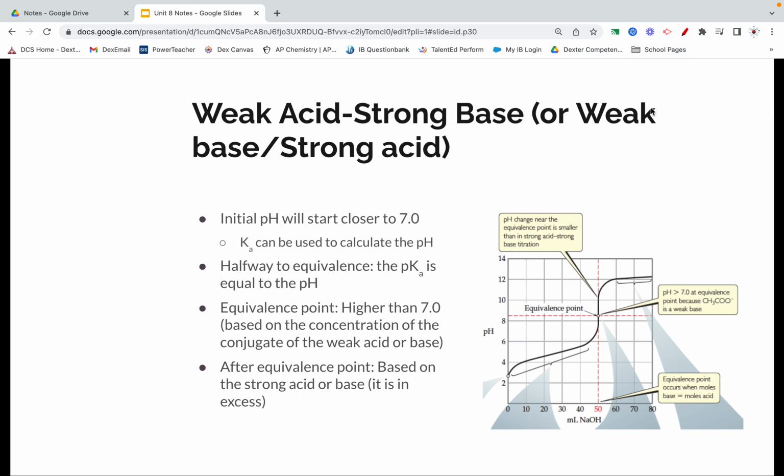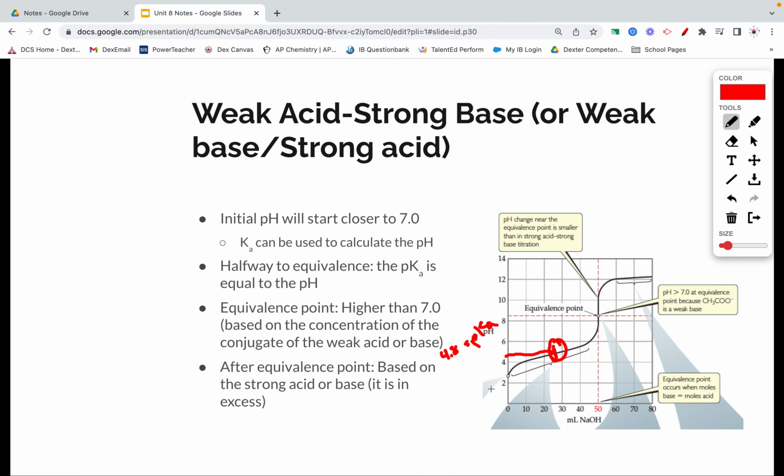Halfway to the equivalence point, we have pKa equaling pH. So if we look at it and we go kind of halfway, so 25 here, this is where pKa equals pH. So our pKa or our pH is going to be about, let's say 4.8. So that is also the pKa.